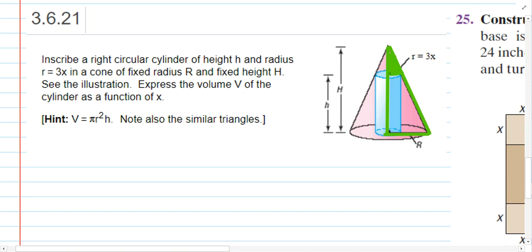So this outer triangle and this inner triangle are similar in shape. That means the ratios between the height and the width are the same. The height of the cone is capital H, and the width of the cone is capital R, and I really should call this the radius of the cone. And that height to radius ratio is the same as the height and radius of this triangle up here.